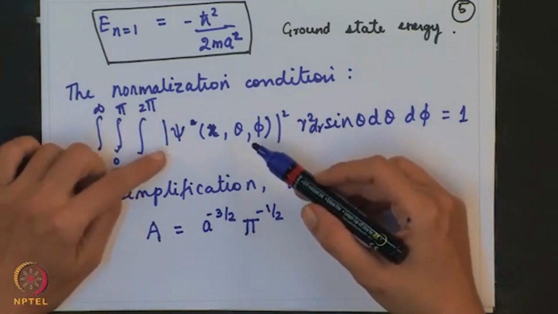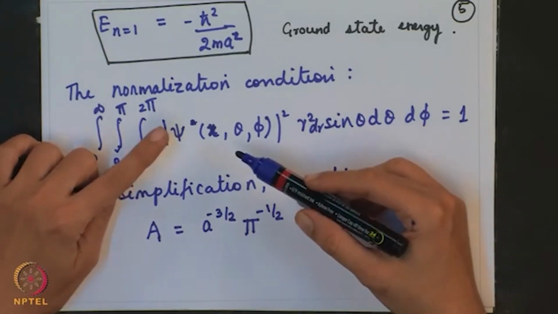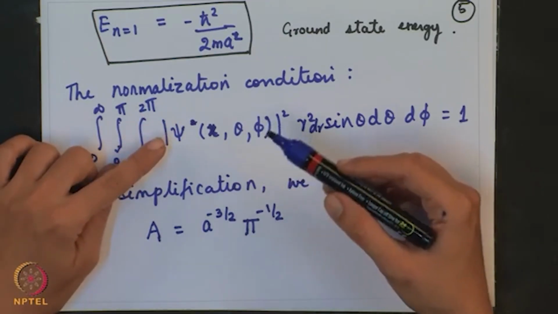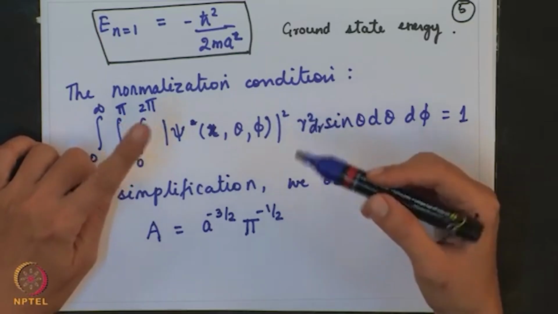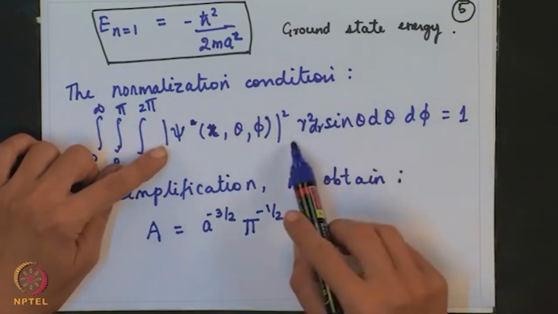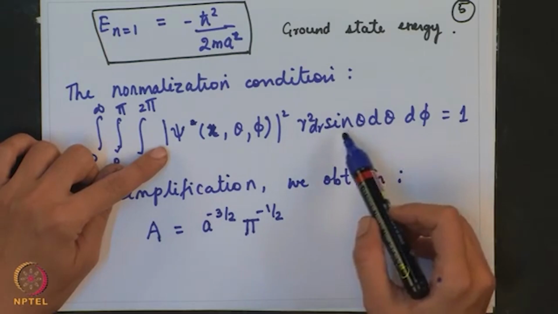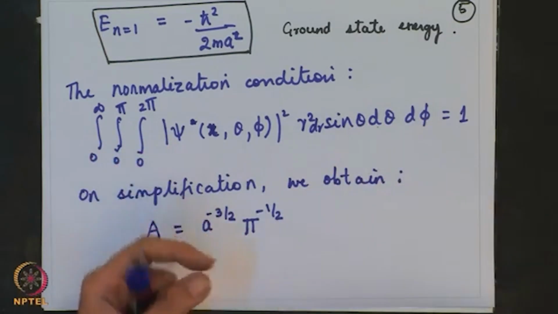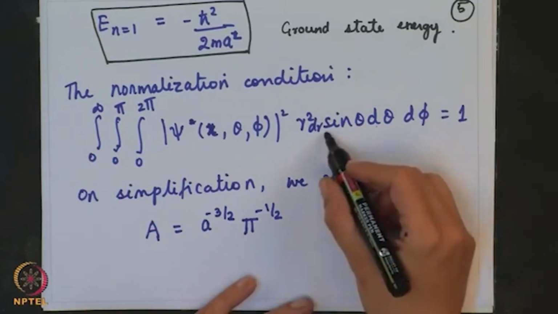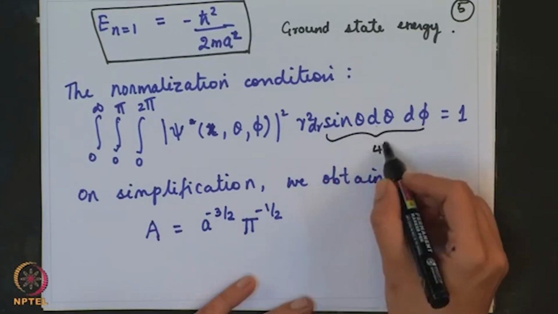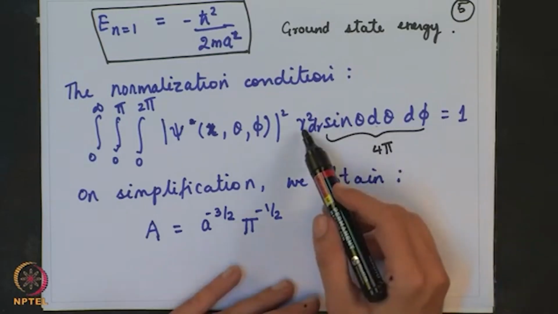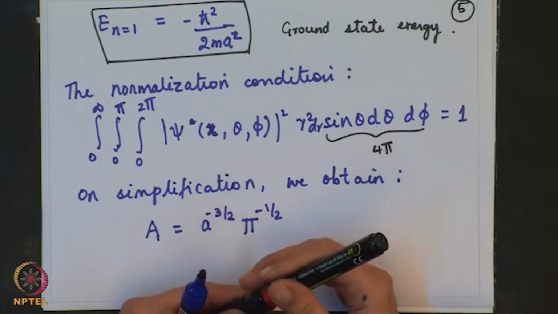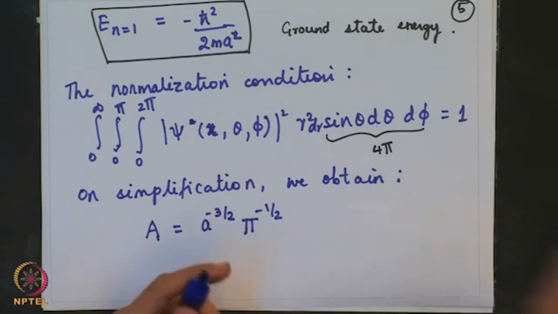You will just substitute for psi square, which is A square e raised to minus 2r upon a, and then you integrate over r square. The integral over sin theta d theta will give you 4 pi, and the remaining integral is r square e raised to minus 2r upon a, and you have to use the gamma function.